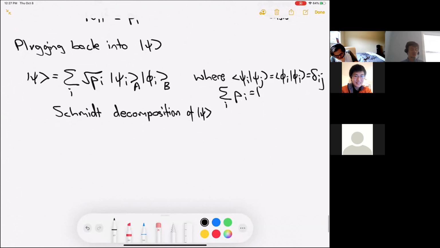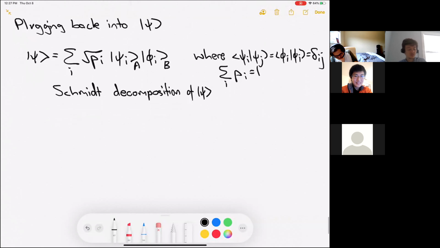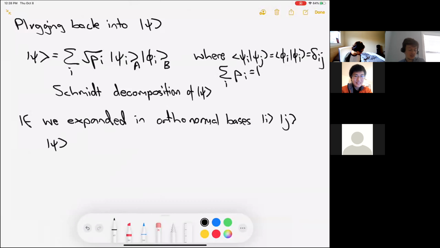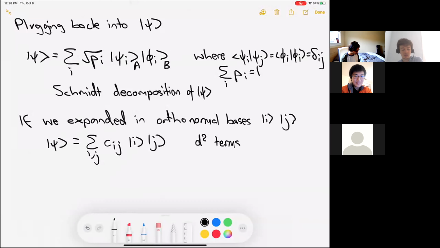The nice thing about it is that if we just work in the psi_i basis and the phi_i basis, versus if we generically expanded in some orthonormal bases i and j, we would have psi be a sum over i and j of some amplitude c_ij times |i>|j>. We would have d squared terms, right?